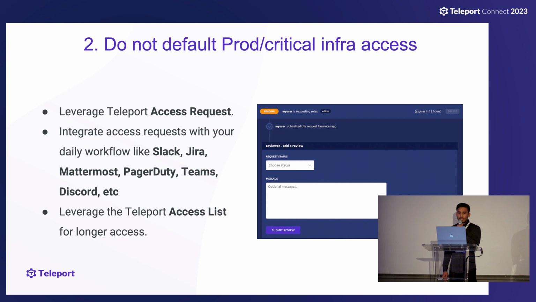Access requests can be integrated with your daily workflow systems like Slack, PagerDuty, Teams, Discord, Mattermost, etc. The PagerDuty plugin can check your on-call schedule and grant access based on it. Access lists are another, relatively new feature that can give access to a user for a longer time, like 3 or 6 months.